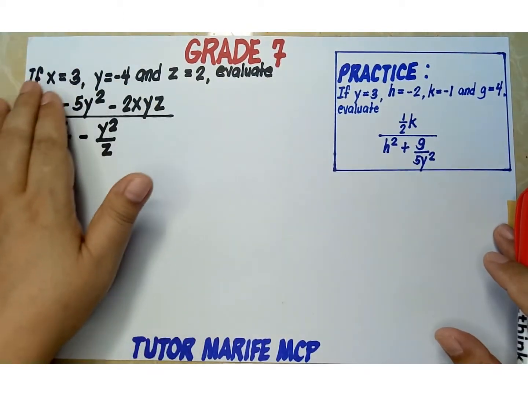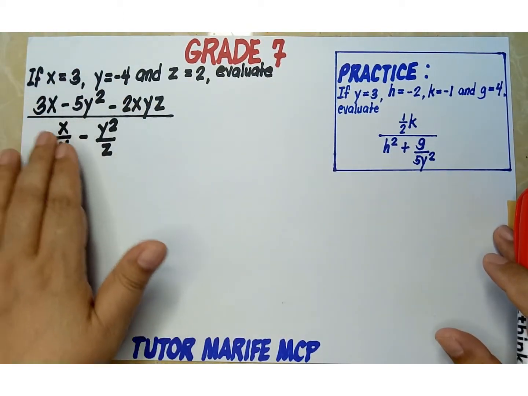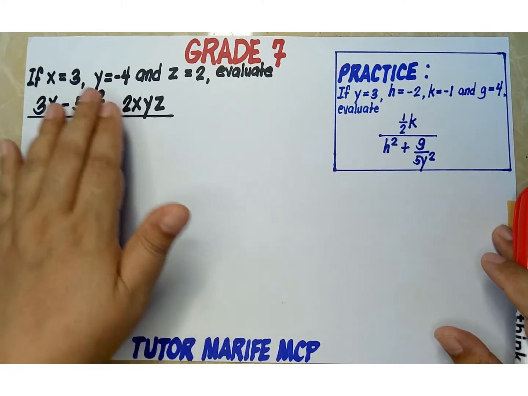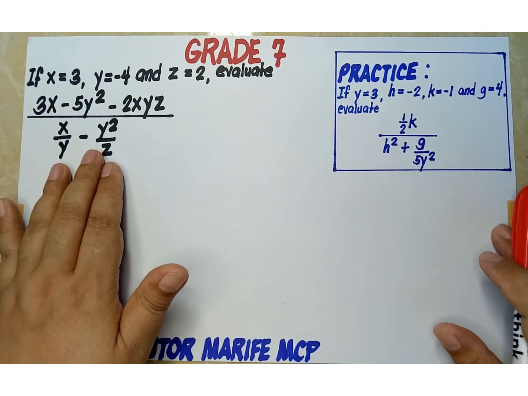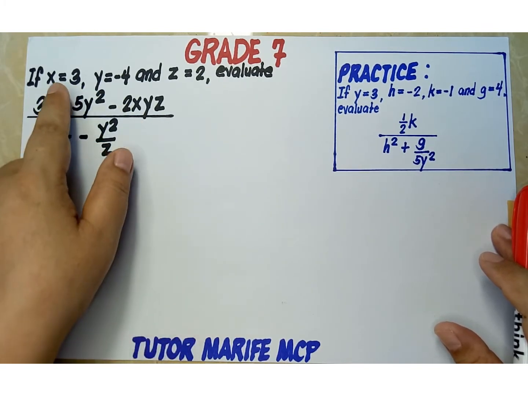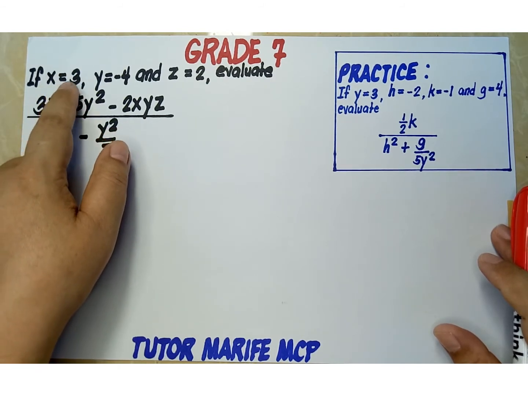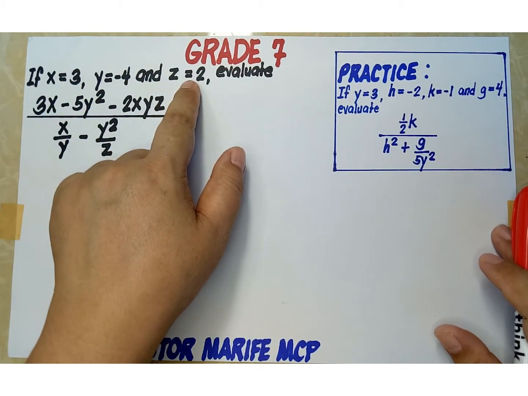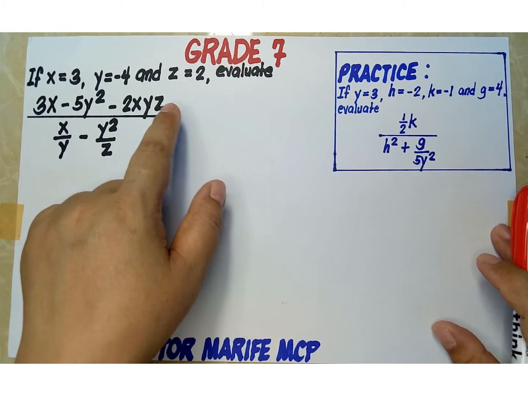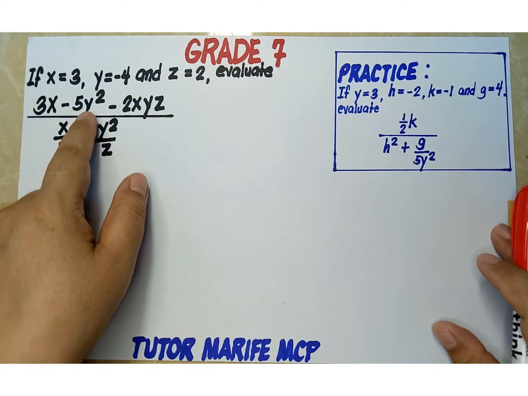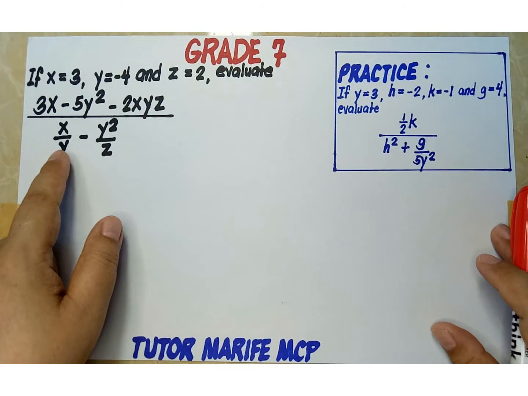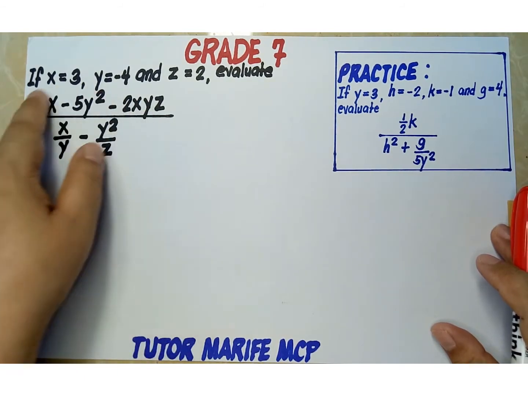So, given itong algebraic expression na ito, hahanapin natin ang kanyang value. Okay? So, given ang value ng x, y, and z, ano ang step 1? Ipo-plug in natin yung mga binigay na values dito sa expression.